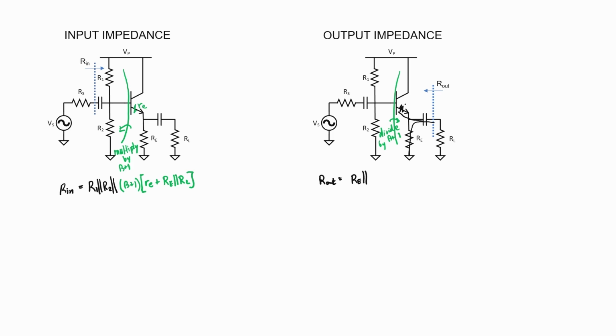Now, the little r sub e lies to the right of the baseline, so we're not going to want to alter the expression for just r sub e. It's these 3 resistors to the left that are going to have to be divided by beta plus 1. You see how easy it was to find expressions for the input and output impedance once you know how to use impedance reflection.